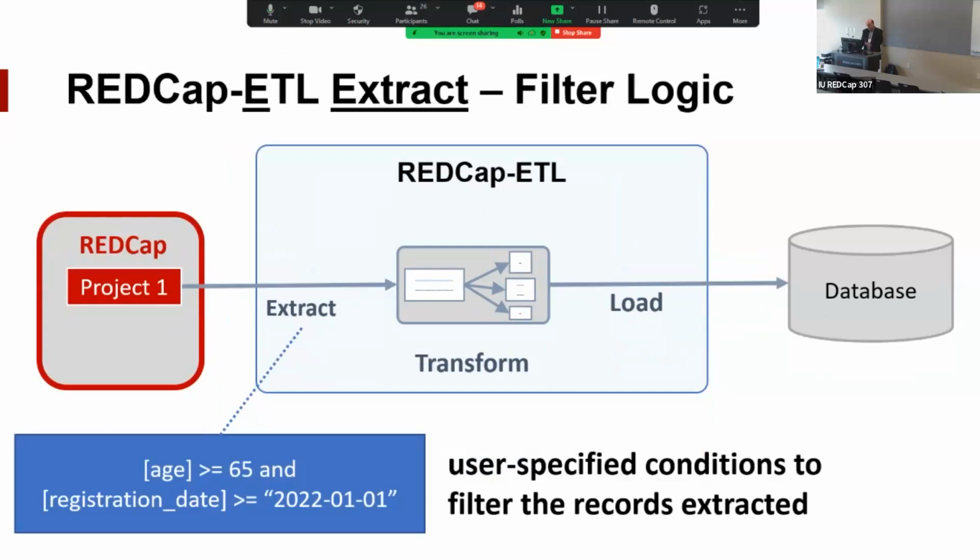In the example in the blue box, REDCap ETL would only extract records where the patient is 65 years or older and where they registered on the first day of 2022 or later. So only those records would actually be extracted.